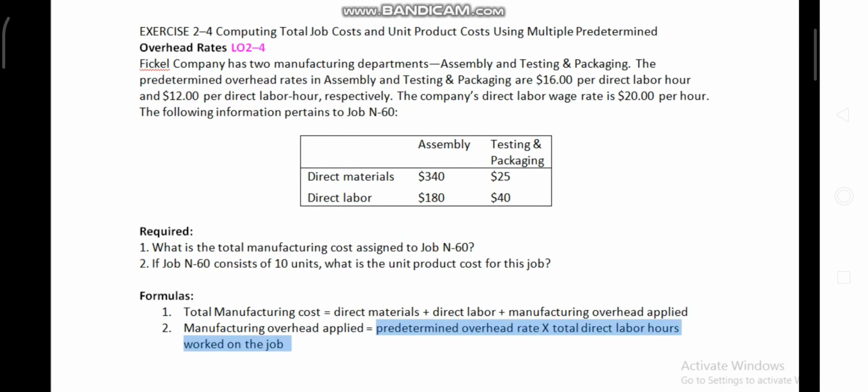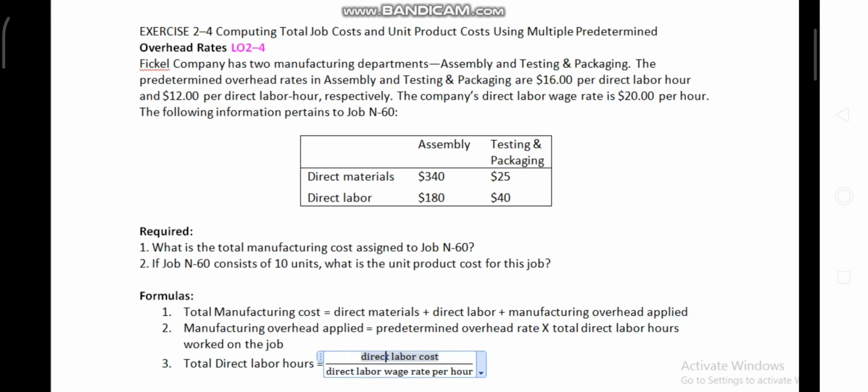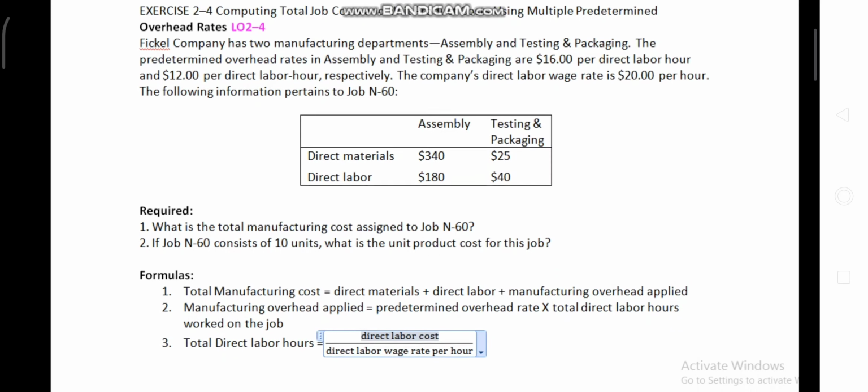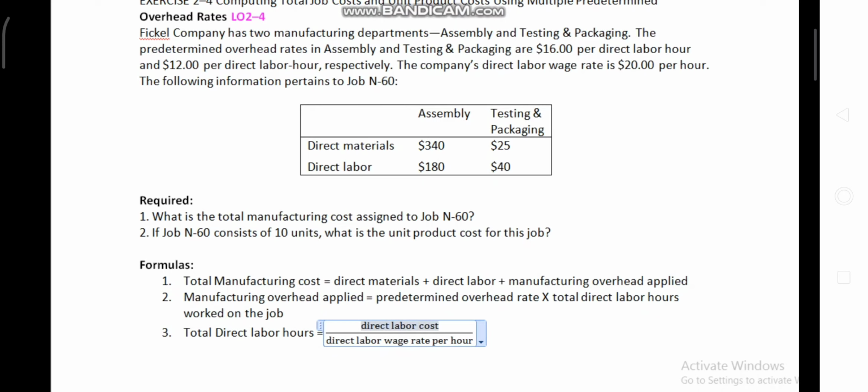Now predetermined overhead rate is mentioned right here for assembly department and testing and packaging department, but total direct labor hours is again missing. So the formula for that is direct labor cost divided by direct labor wage rate per hour.